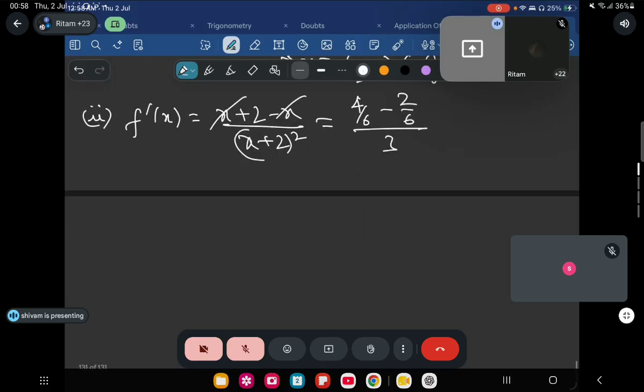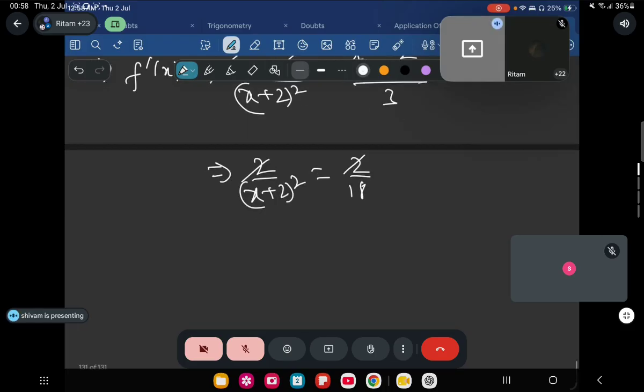So let us simplify. This will give us 2 upon x plus 2 whole square equal to 2 upon 18. This 2 gets cancelled. X plus 2 whole square is equal to 18. X plus 2 is equal to plus minus 3 root 2. This implies x equal to minus 2 plus or minus 3 root 2.